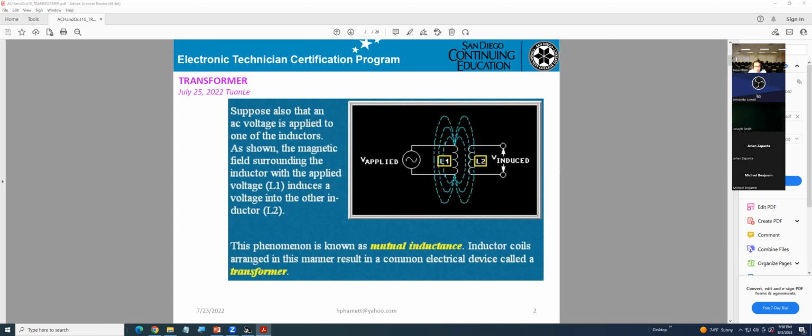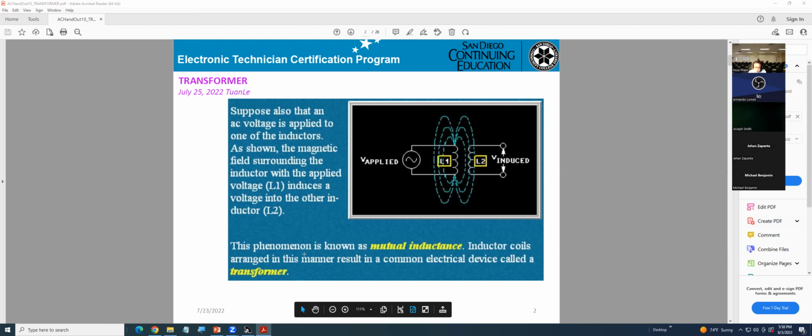Suppose also that an AC voltage is applied to one of the inductors. The magnetic field surrounding the inductor with the applied voltage, L1, induces a voltage into the other inductor, L2.